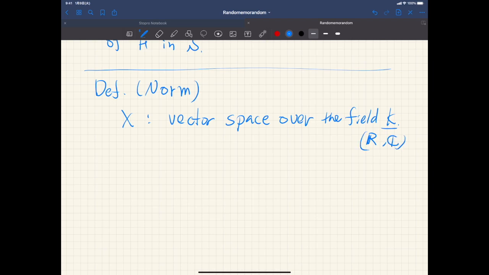Okay, and the function we write like this, from X to the real numbers, is a norm if it satisfies the following conditions.